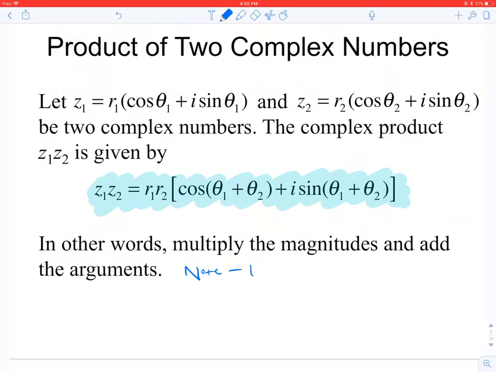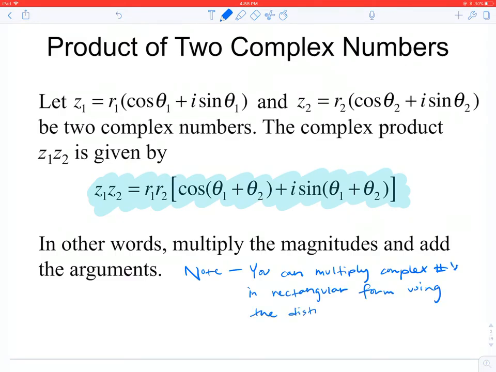Now, if a complex number is in rectangular form, let's make a note: you can multiply complex numbers in rectangular form using the distributive property.